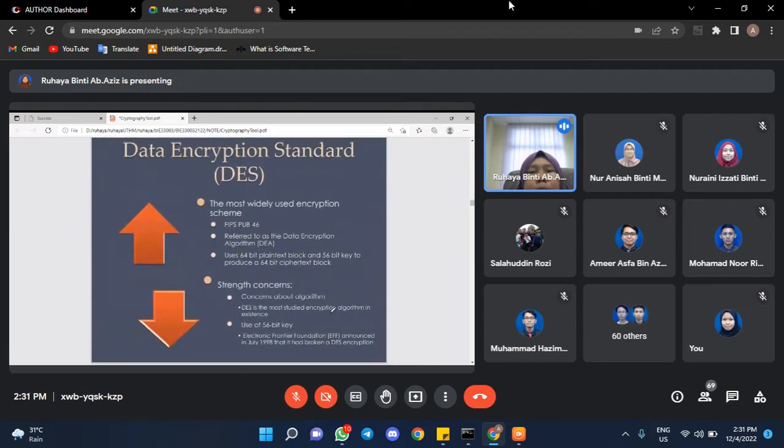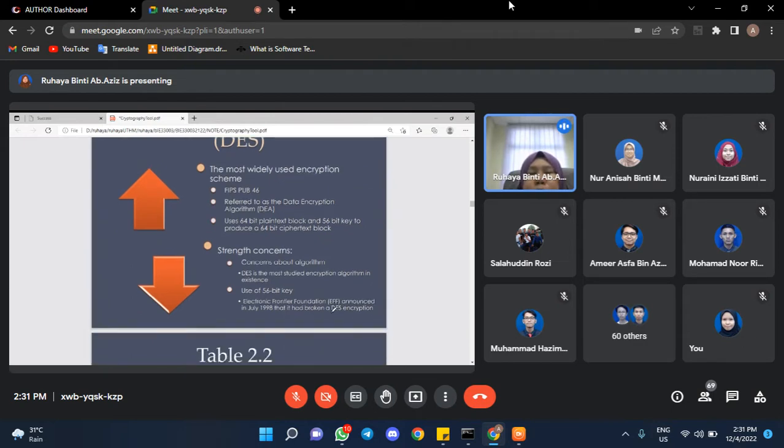DES is the most widely used encryption scheme, traditionally referred to as the Data Encryption Algorithm, using 64 bits. It's the most studied encryption algorithm. If you search the internet or look in any reference book on cryptography, the first thing they discuss is DES, triple DES and AES.